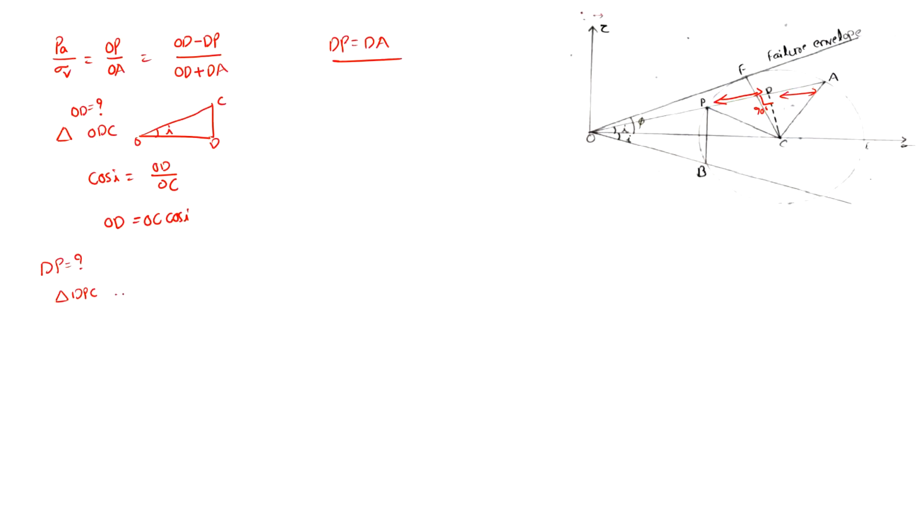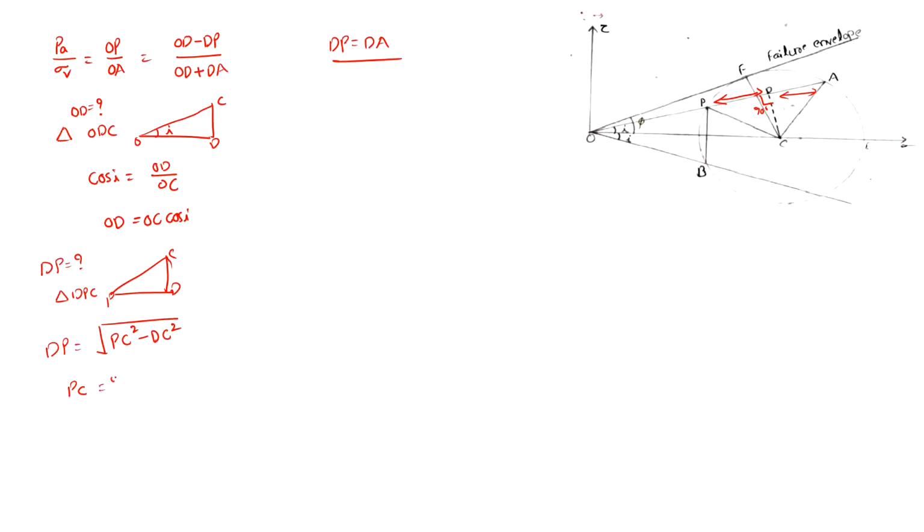Here the hypotenuse is PC. To calculate DP I will write the square root of PC square minus DC square. Here PC is the hypotenuse. This is the formula to find one side of the triangle: PC square minus DC square. We don't know PC as well as DC, so for that we have to calculate PC.